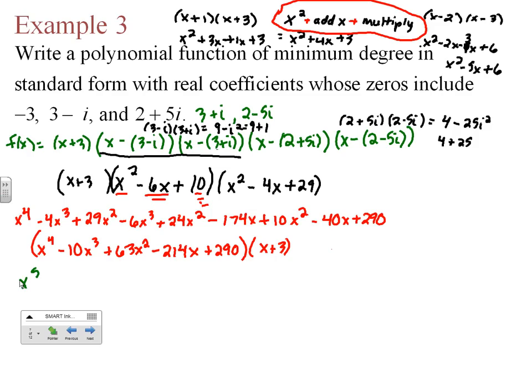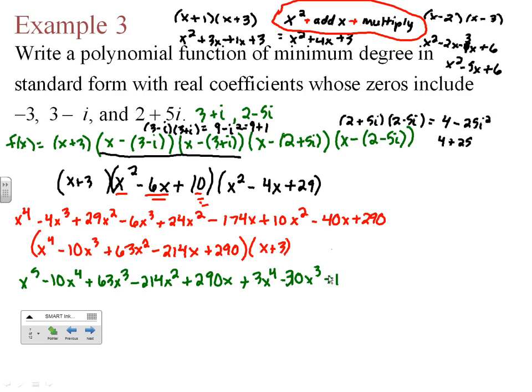So x to the 5th minus 10x to the 4th plus 63x cubed minus 214x squared plus 290x. Now I'm distributing the 3: plus 3x to the 4th minus 10. Just kidding, minus 30, because I multiplied by 3. x cubed, 63 times 3 is 189.